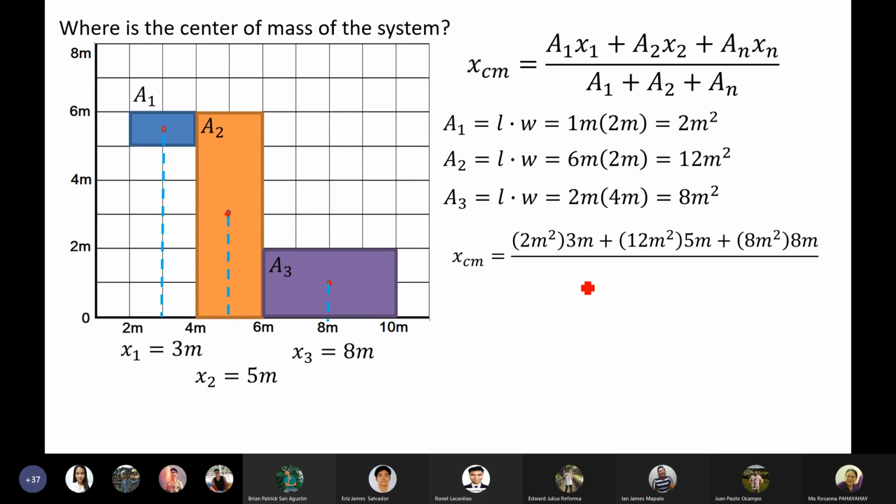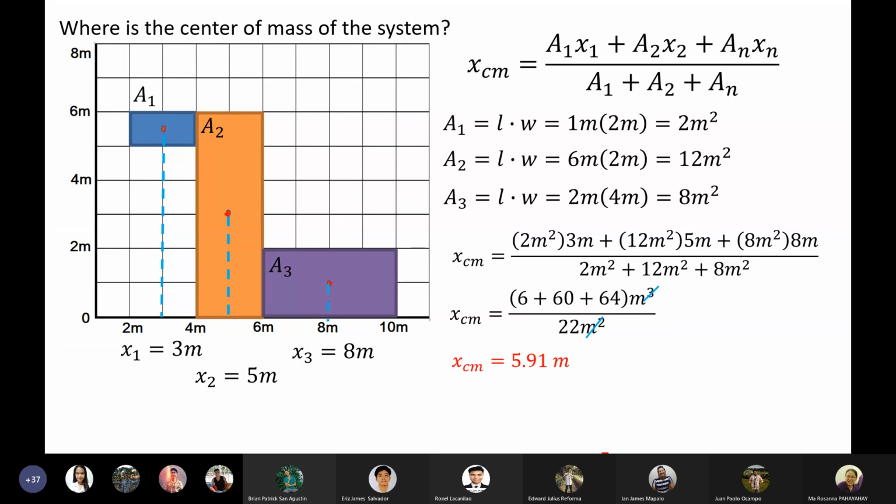So we divide both sides by the sum of their areas. Cancel out, matitira na lang meters. So the answer here is 5.91 meters. It means ang center of mass along here is roughly nandito, malapit sa 6.